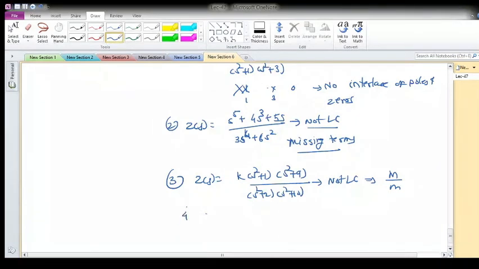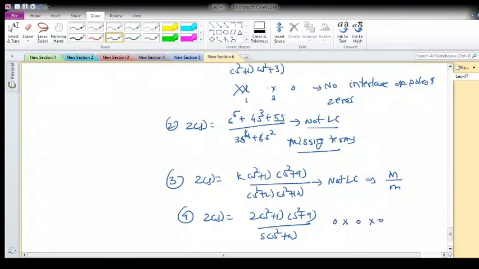Next, if Z of s is 2 into s square plus 1, s square plus 9, divided by s into s square plus 4, so it is the ratio of even by odd, correct. Then the zeros and poles alternate, so this is your LC function. Okay, so this is an LC function, and now we can realize or synthesize it.